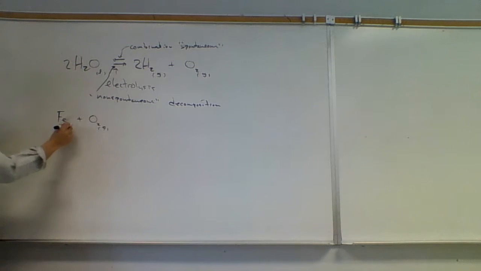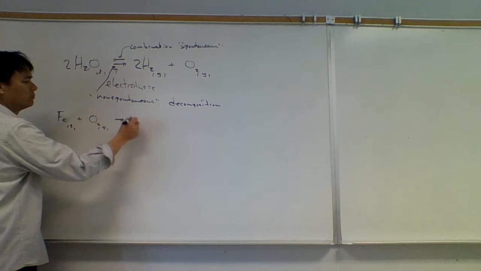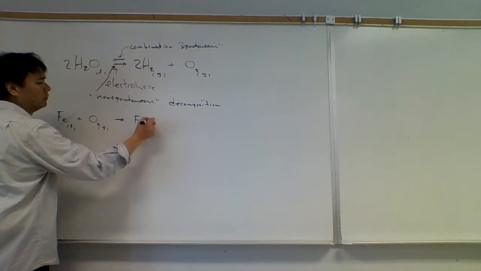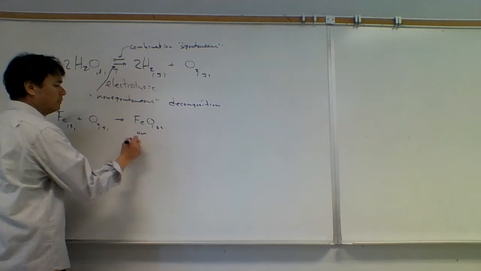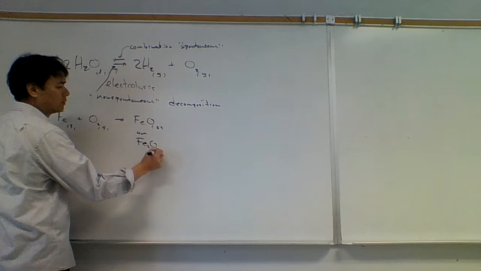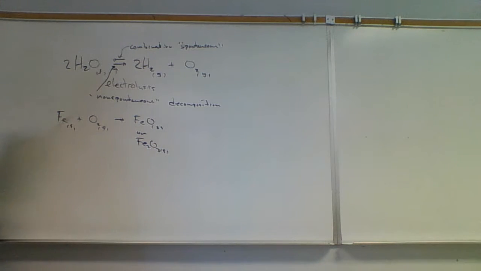If we take iron solid and oxygen, well, we can form FeO, which is called, what would FeO be? FeO would be iron(II) oxide, or we could form Fe2O3, which is iron(III) oxide.